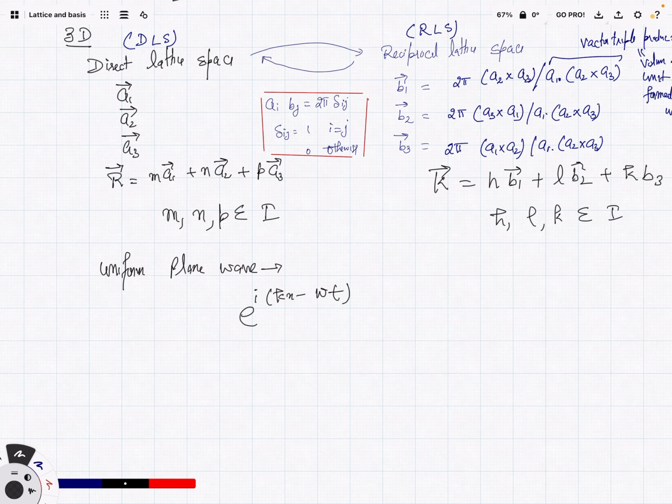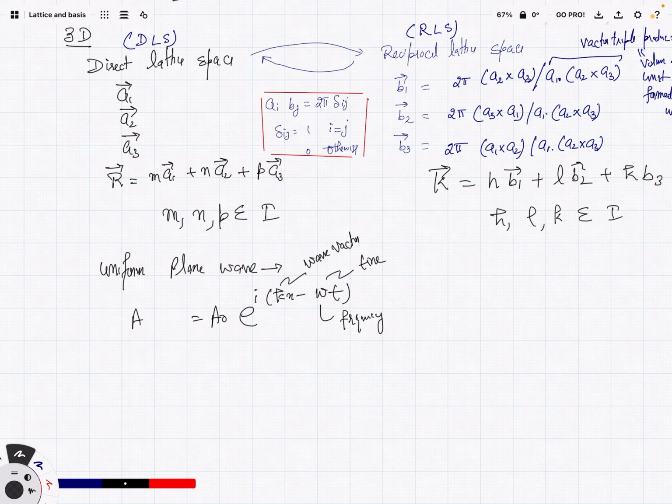If I want to drop the time variation, k is called the wave vector, and omega is called frequency. Let us say I have some a naught. This is my uniform plane wave, right?